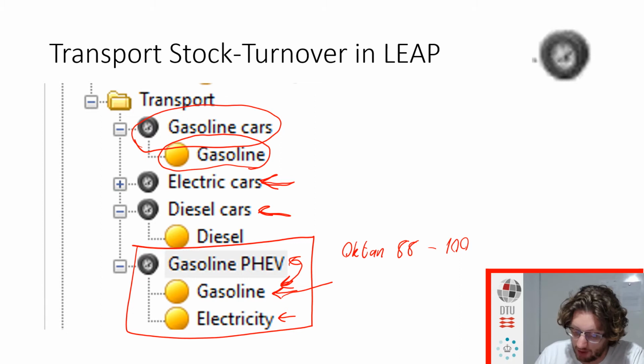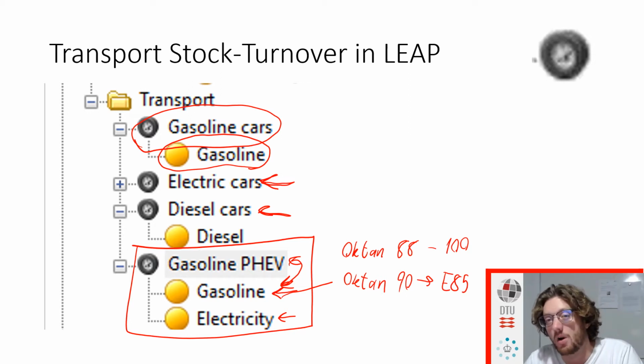It can go from around octane 90 towards something like E85, which is a mixed fuel. Were we to do that on a technology level, then we might not accurately gauge how much we would need of this new fuel, or how much we would save of fossil fuels. And as well, if you did it directly in a stock turnover methodology on the technology by itself, then only new vehicles would run on newer fuels, even though they go to the same pump.